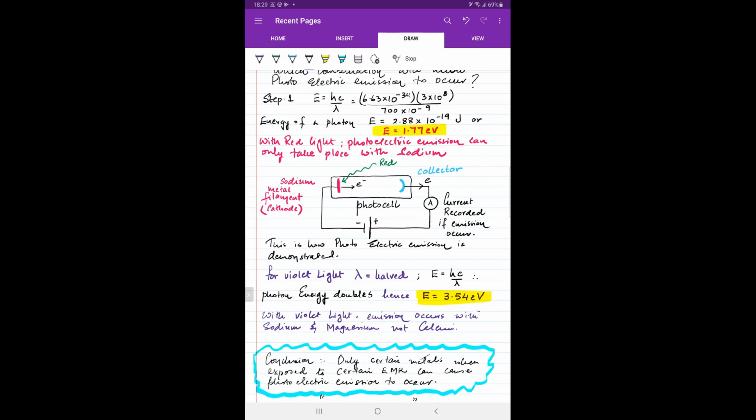Okay, so the principle will not happen with every metal exposed in front of any light, but rather only certain combinations of metals when exposed to certain electromagnetic radiations can cause photoelectric emission to take place.